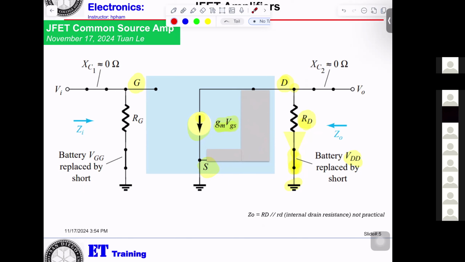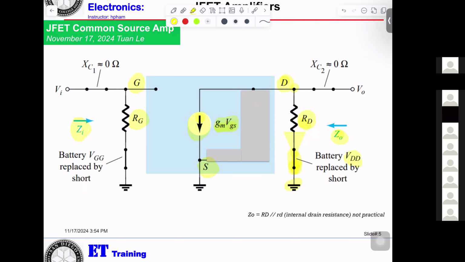So, if you're looking at the AC model, what is the input impedance? Z in, what is it equal to? Is it RG? RG. That one. What is the output impedance? Z out.